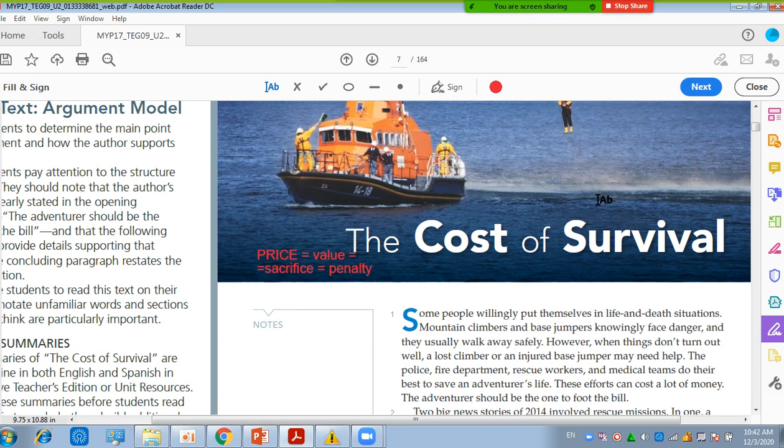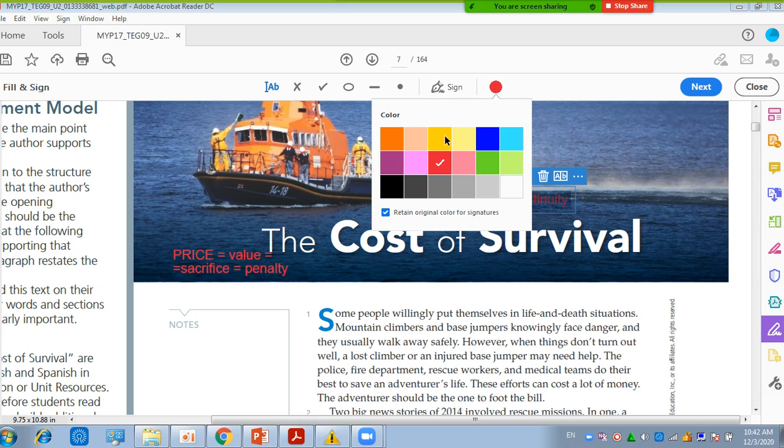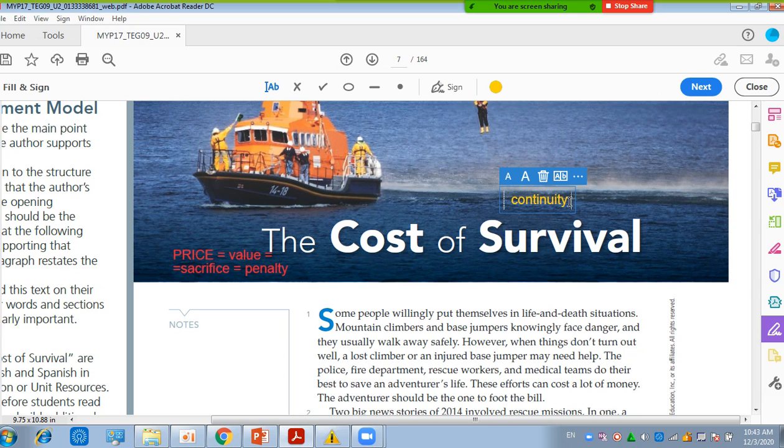The word survival means continuity. Let's change the color so you can read it well. Yes, continuity, or it means endurance, or it means continuation.